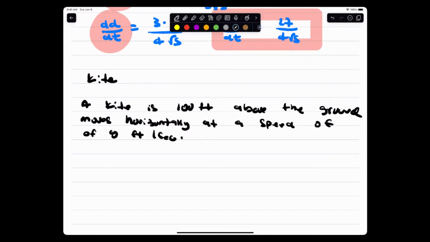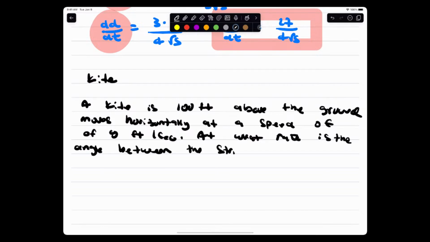At what rate is the angle between the string and the horizontal decreasing?